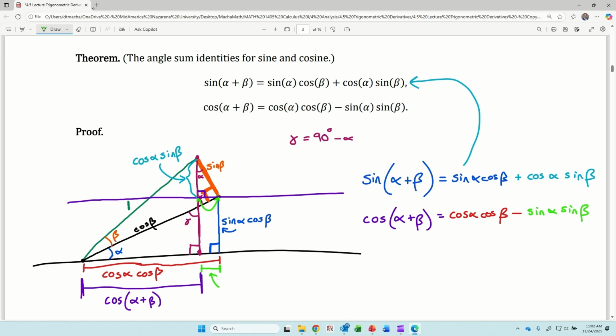So this part is sine alpha sine beta. To get cosine of alpha plus beta, I'm going to take cosine of alpha times cosine of beta minus sine of alpha sine beta. And so that is going to conclude our proof of the angle sum identities for both sine and cosine.